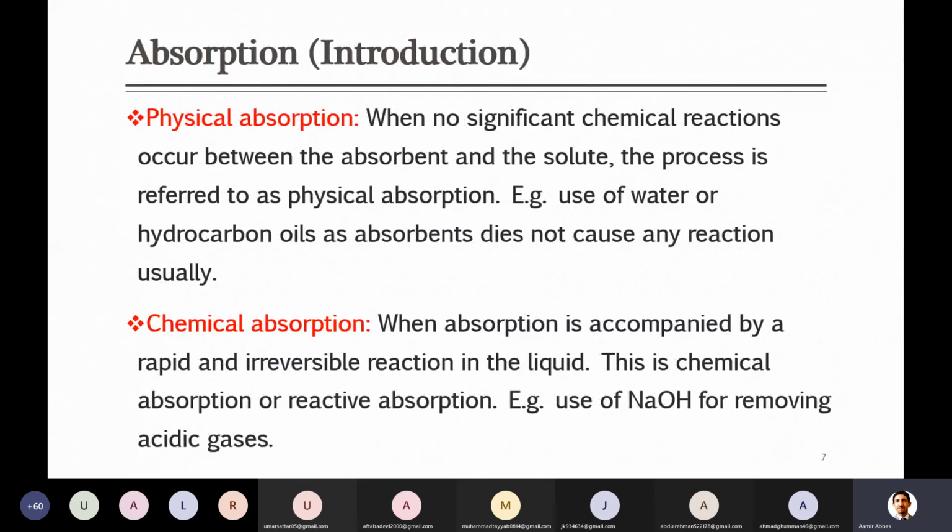They come in contact and are used for absorption. So that's physical mainly. And in case of chemical absorption, absorption is accompanied by rapid and irreversible reaction, or maybe reversible reaction, both can be there.